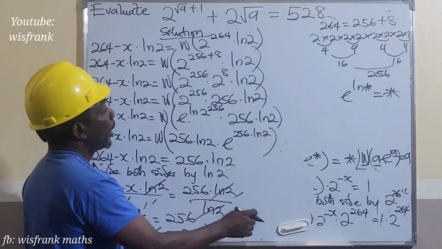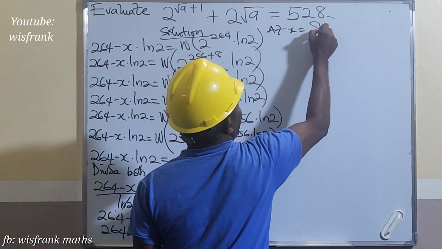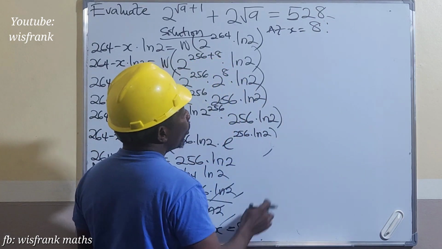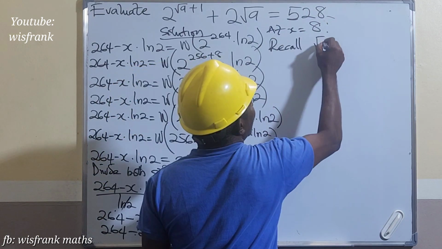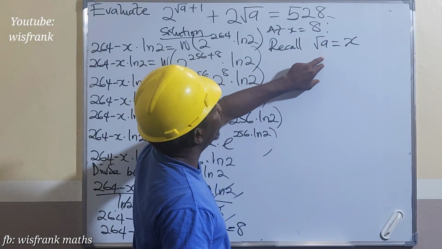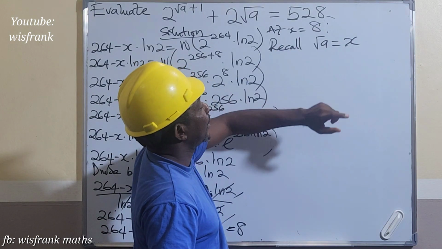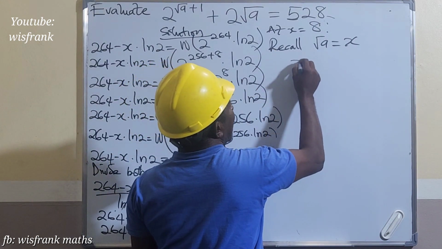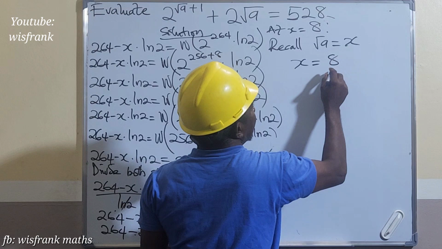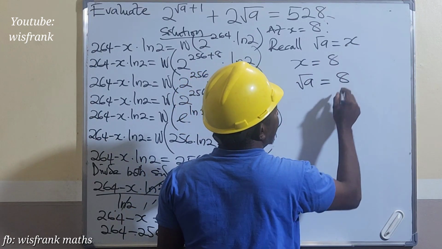And we recall that we said root a equals x. So here we are going to substitute the value of root a as x. As we said that x equals 8, here root a equals 8.